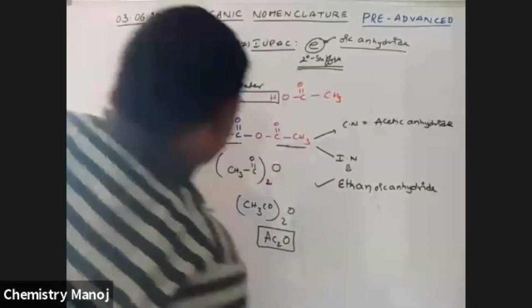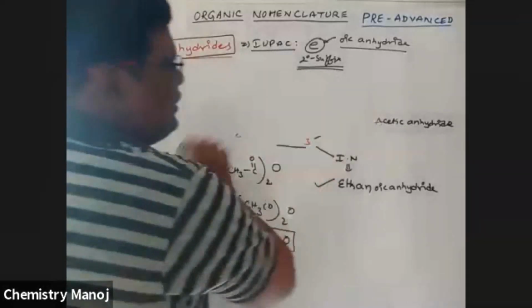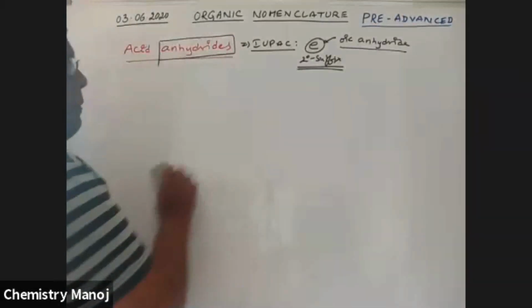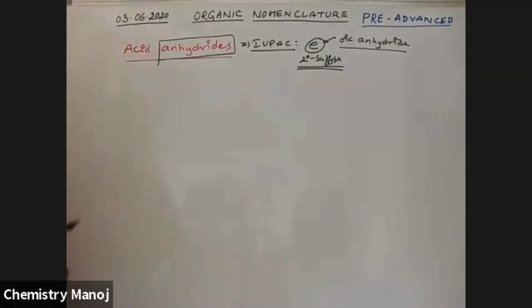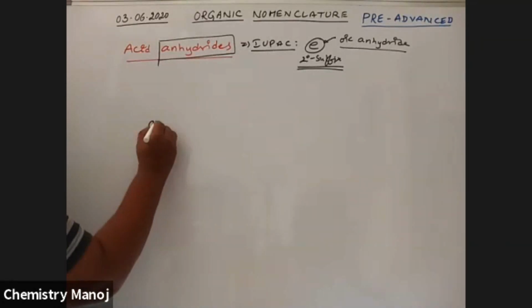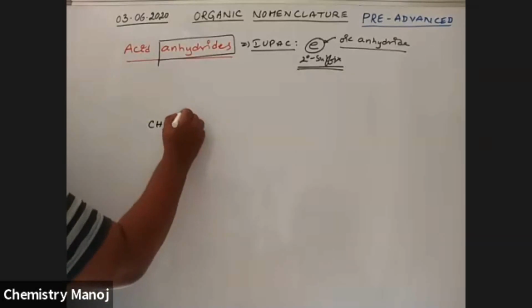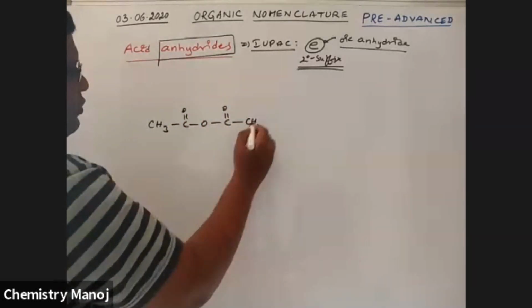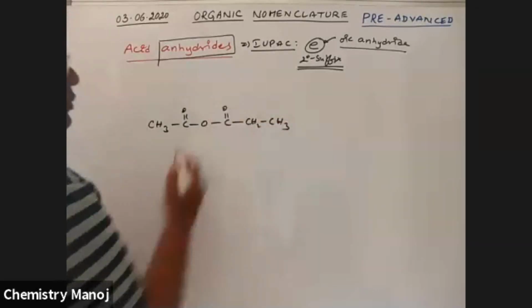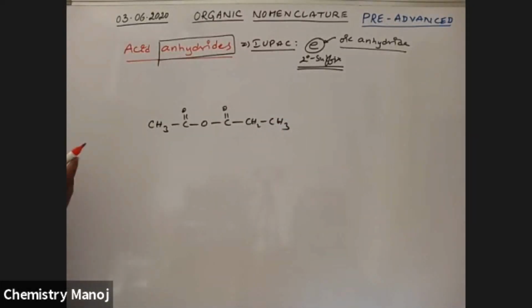Next one, CH3COOCOCH2CH3. It is also an anhydride.